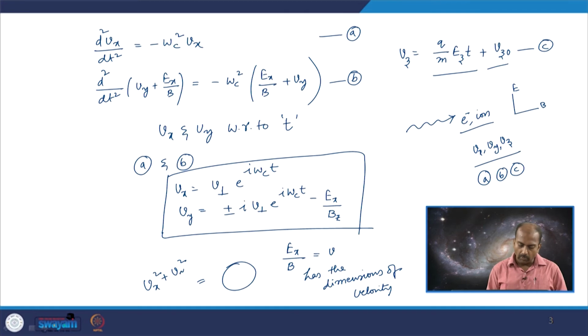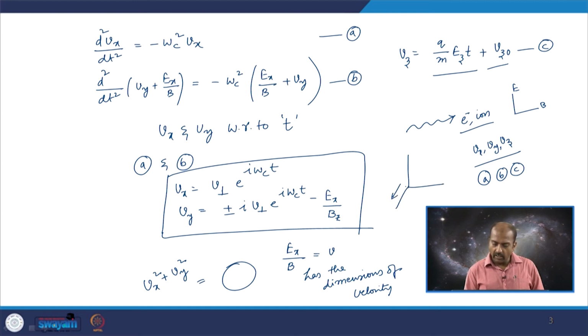Now, the most important point we have to understand here is that in this frame of reference, the particle has a linearly changing velocity component Vz with respect to time along the z axis. You agree, this is linear.